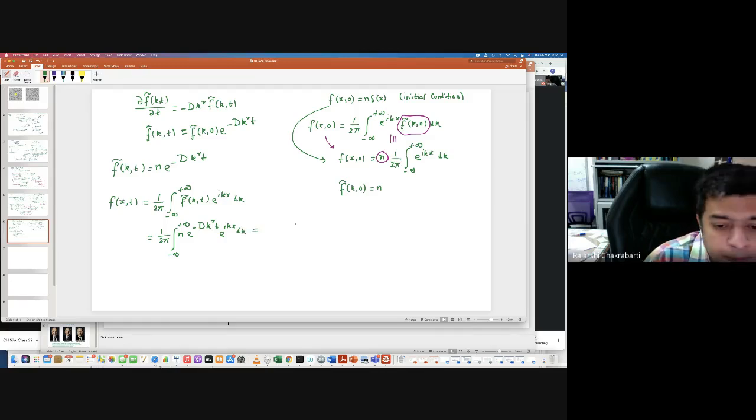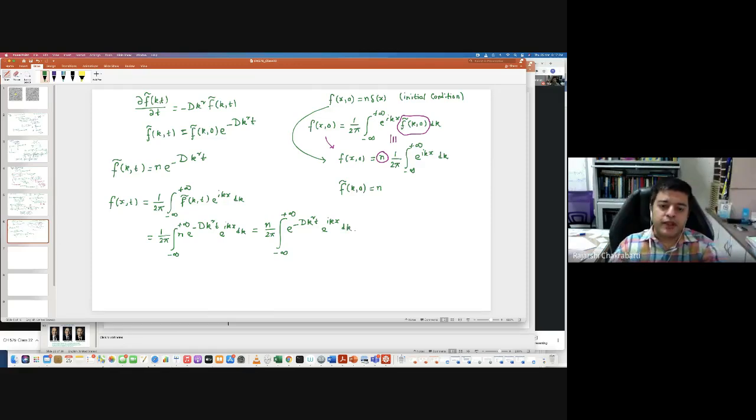This one gives you N by twice pi integral. Basically I am left with carrying out this integration, isn't it? If I carry out this integration, I know what is the distribution at time t at position x, isn't it?